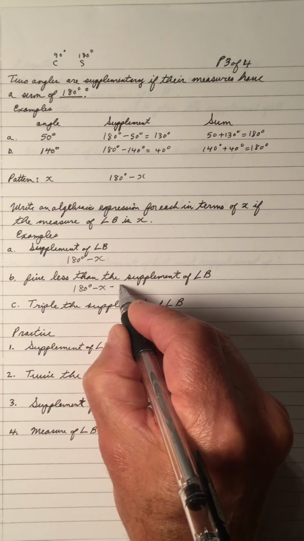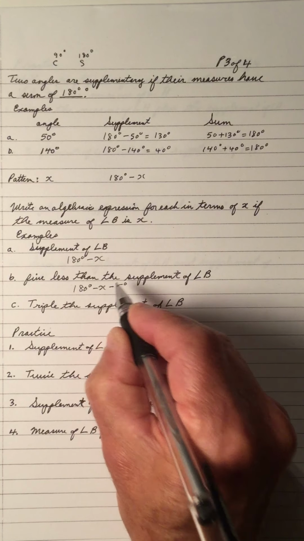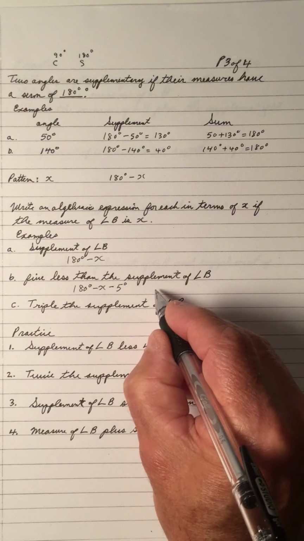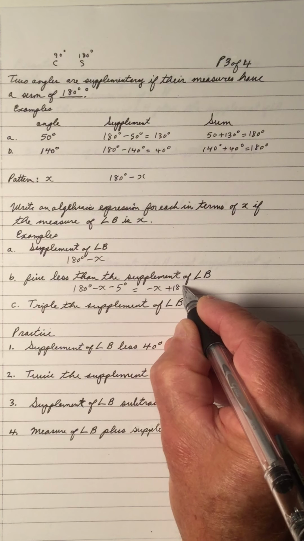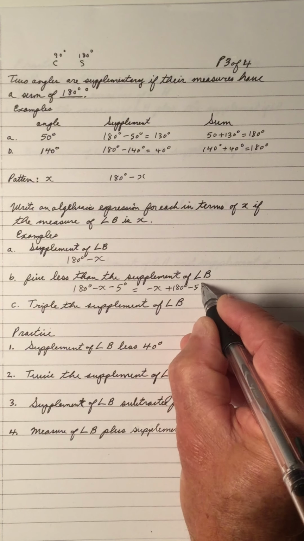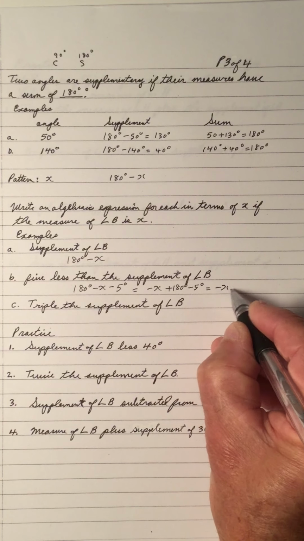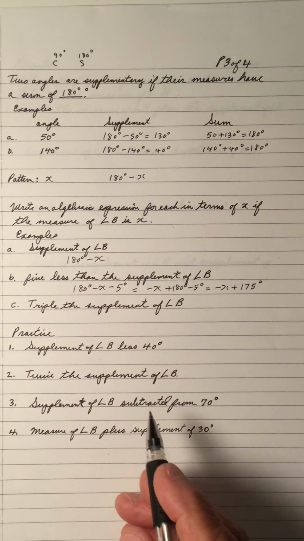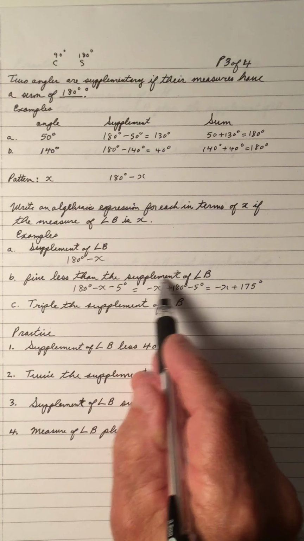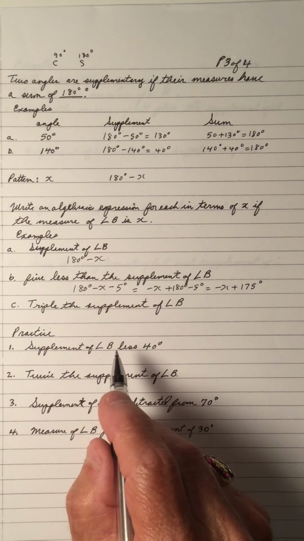Five less than that means 5 degrees, so that would be negative x plus 180 minus 5, which is negative x plus 175. Notice with less than, the supplement goes first and the 5 goes after.